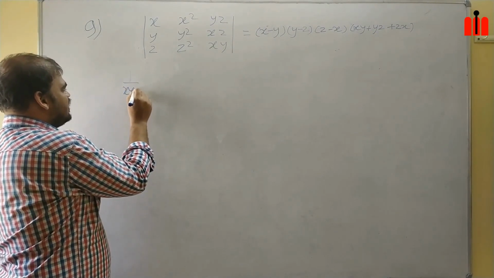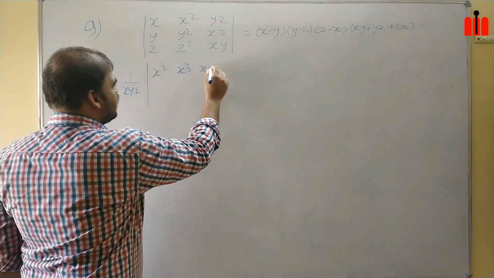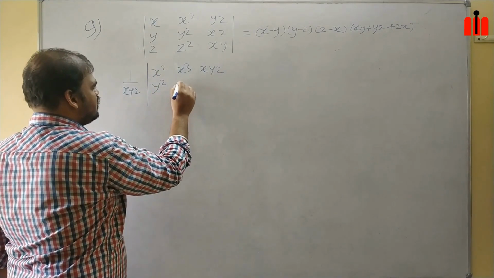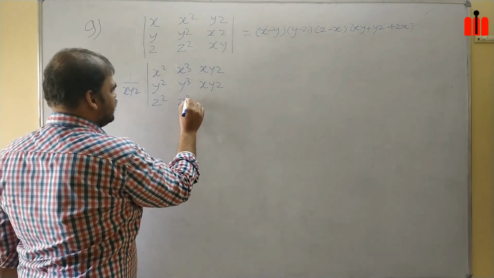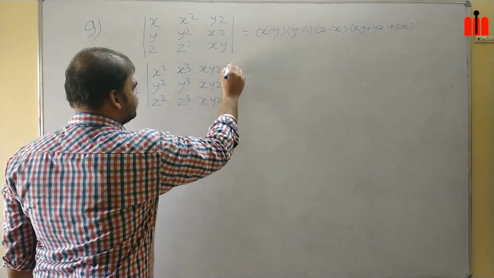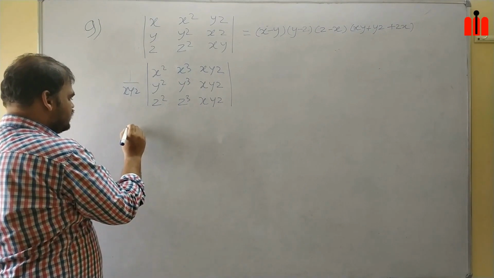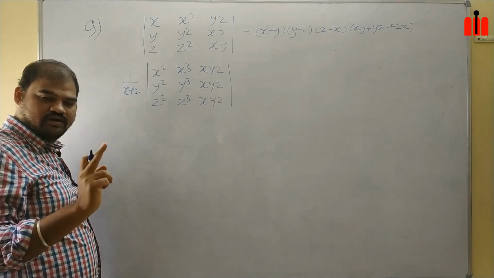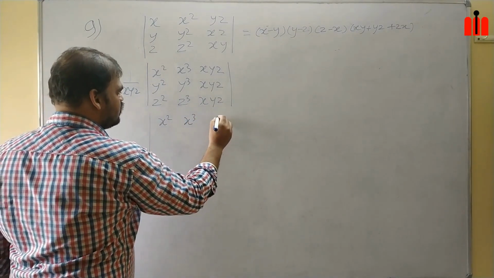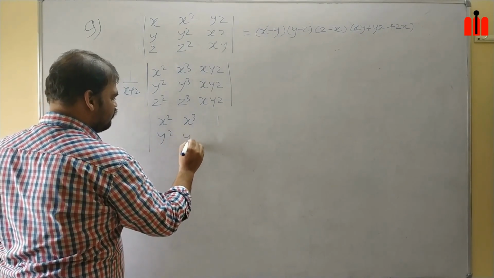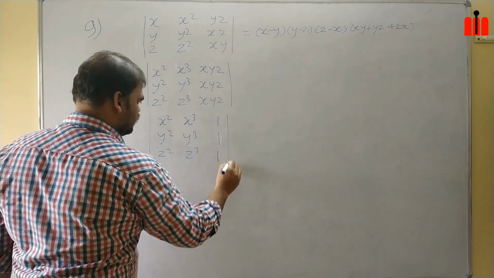As I am multiplying with xyz, I have to divide also with xyz. Then it will become x square, x cube, xyz, y square, y cube, xyz, z square, z cube, xyz. Okay. Now I will take xyz common from column 3. Then this xyz by xyz will become 1. Okay. So it will be x square, x cube, 1, y square, y cube, 1, z square, z cube, 1.